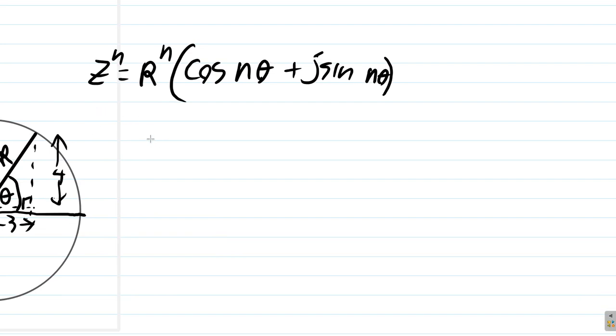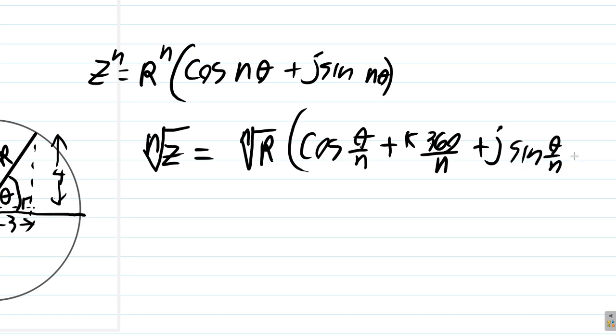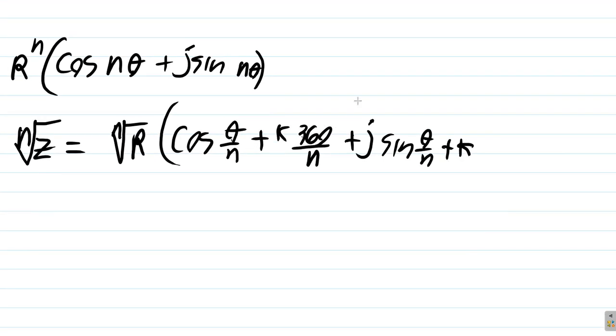So if I can remember it, the nth root of z is equal to the nth root of r times cos of theta over n plus k times 360 over n, plus j times sine of theta over n plus k times 360 over n.